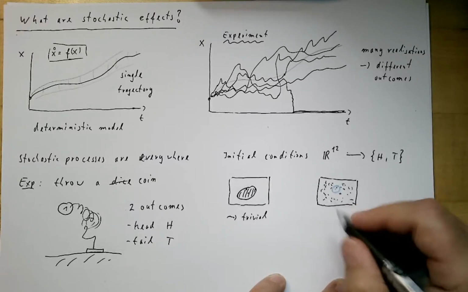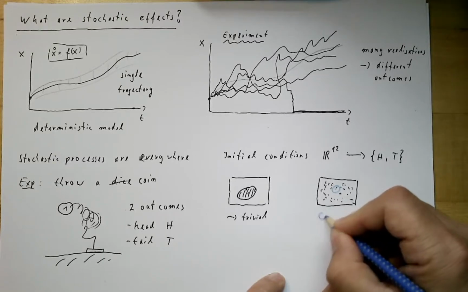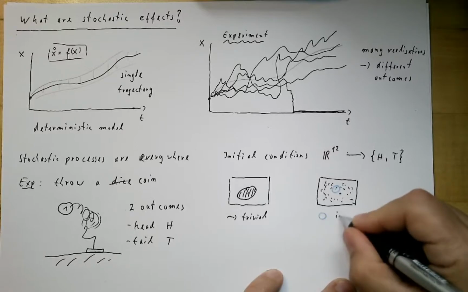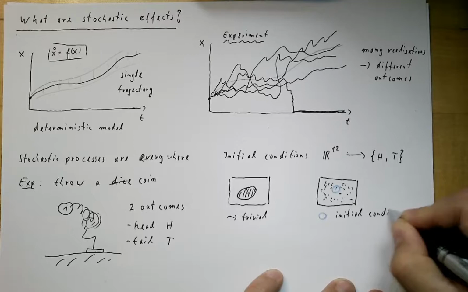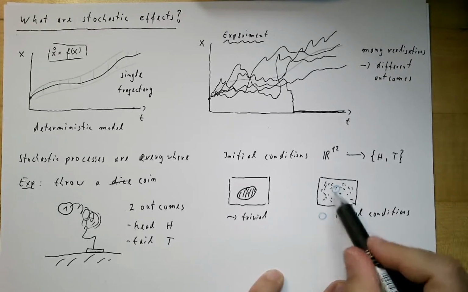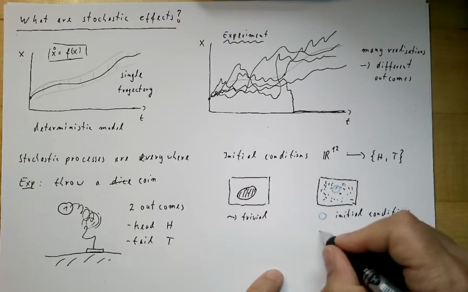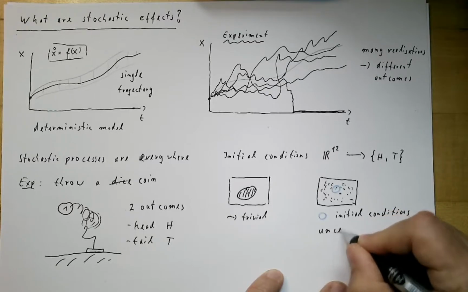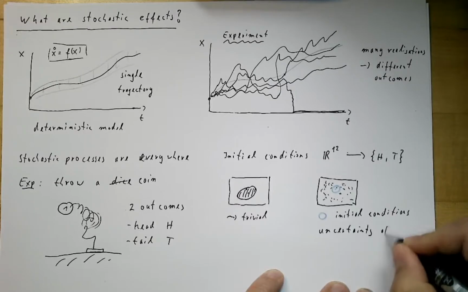This means for initial conditions in this environment, so I write this down, initial conditions in such a circle, we don't know what the results will be. We have uncertainty of the outcome.